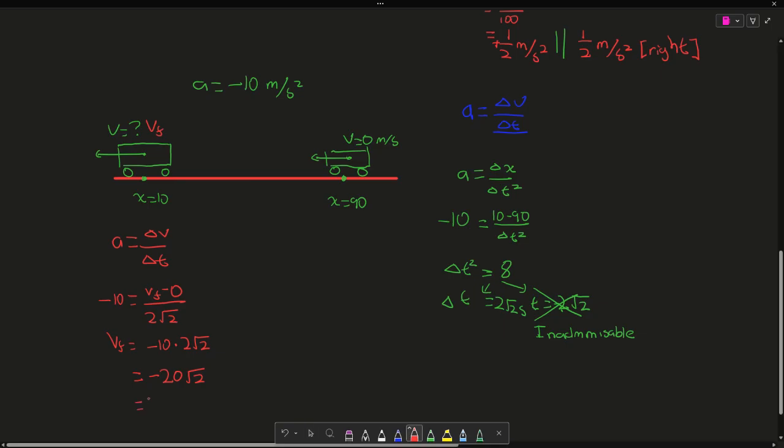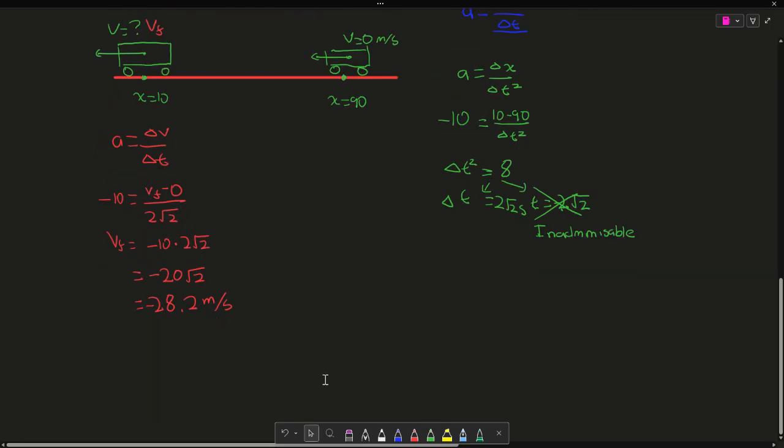So I would do negative 28.2 meters per second, or 28.2 meters per second left. And that would be how you calculate velocity with the acceleration and the change in distance.